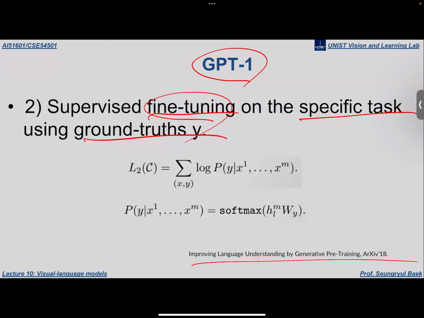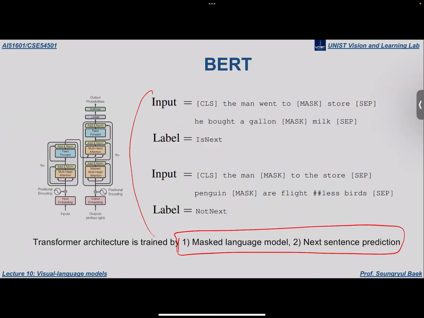They are similar but slightly different, and they actually collect more data. So the first task is similar to the previous one. They randomly mask out a word in a sentence and enforce the loss to estimate this masked word. That's the first task, masked language model prediction.